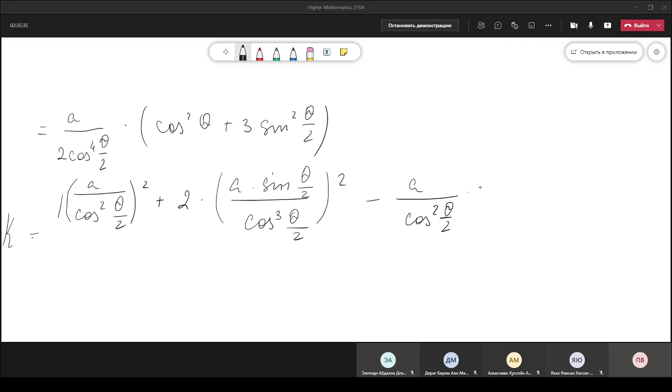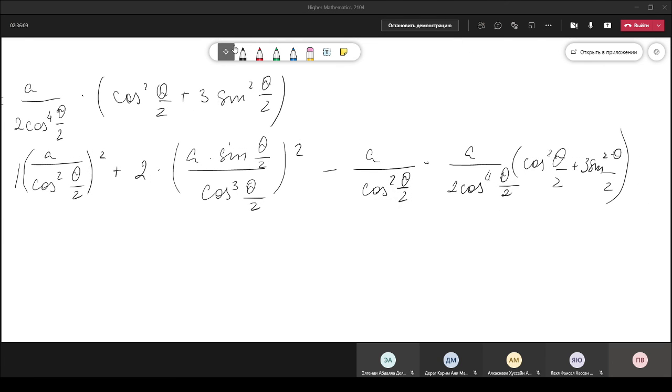A times 2 cosine with power 4 over 2. Good. Modulus of all of this over what?